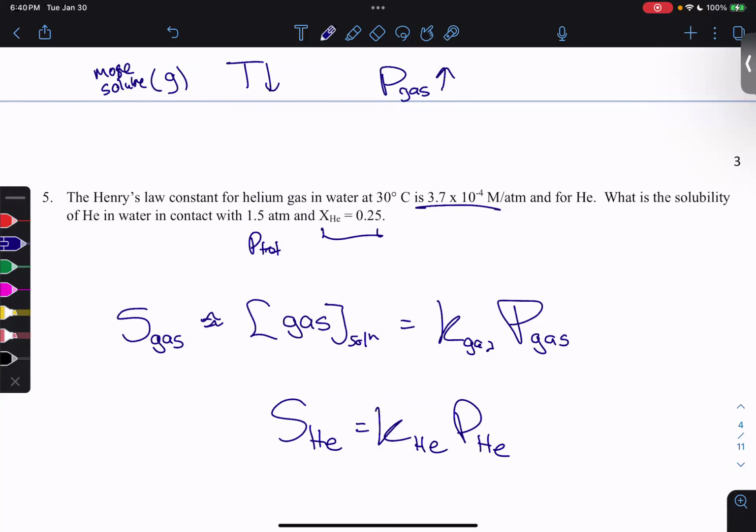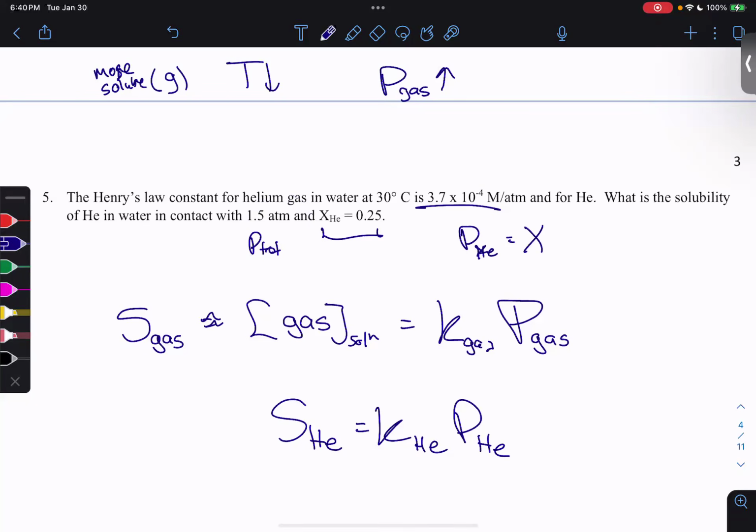All right, so how do we get the partial pressure of just helium? Helium. I wrote xenon. We take total pressure, multiply by the 0.25. Yes, only 25% of that sample is helium. So helium will exert a quarter of that pressure as its partial pressure.